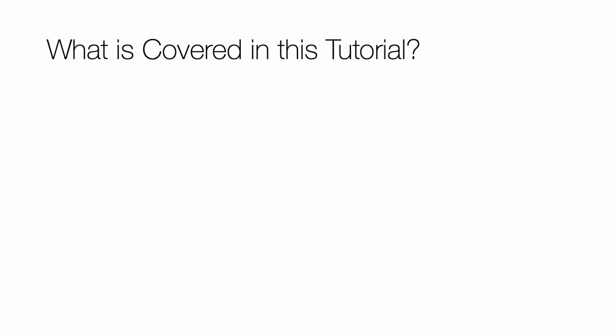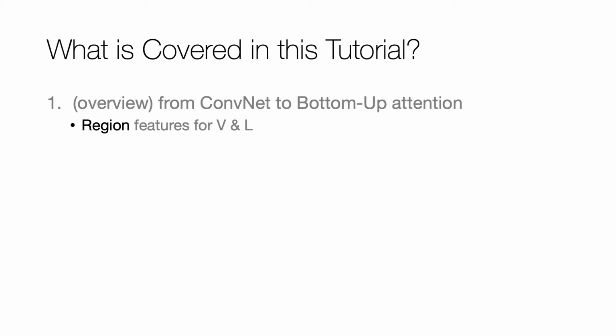The tutorial will be divided into two parts. First, we will give an overview of the story from ConvNet to bottom-up attention-based visual representations. The latter is also known as region features for vision and language tasks.